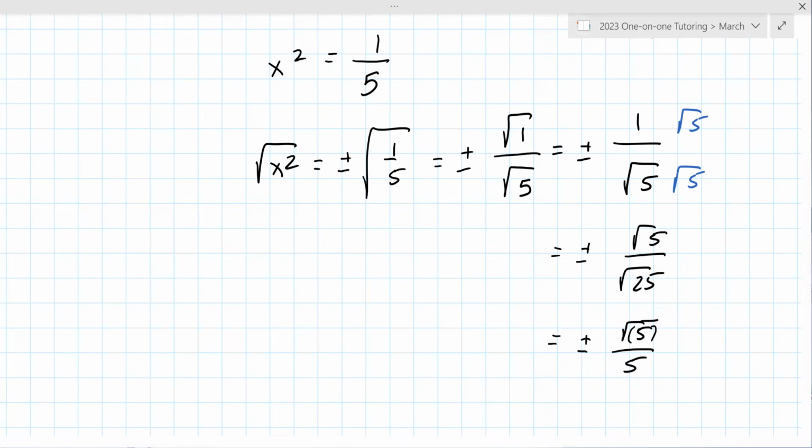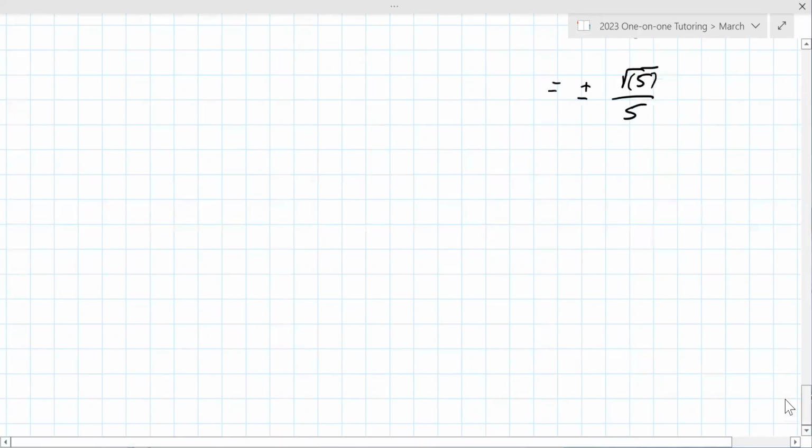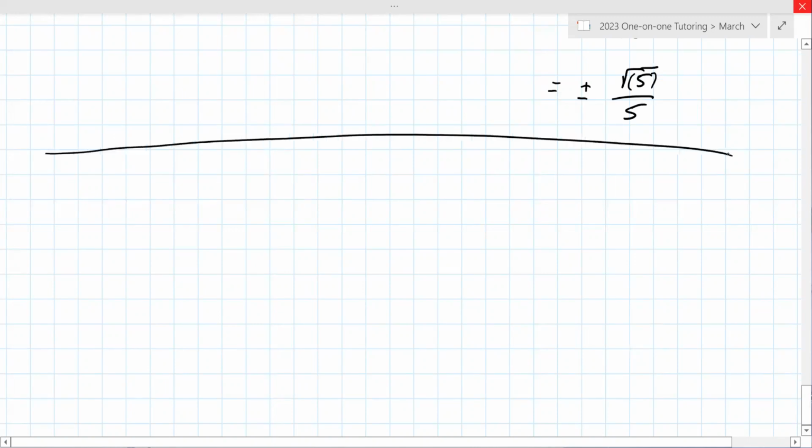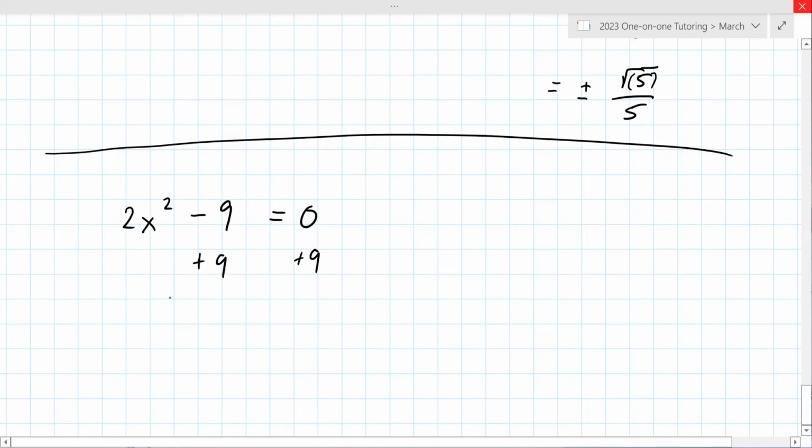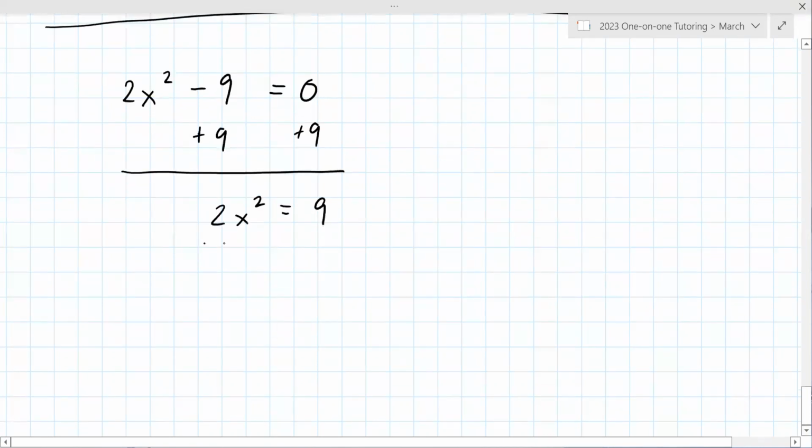Okay, let me give you one like this to do. So we've got 2x squared minus 9 equals 0. What we're going to do here is add 9 to both sides, just like we did in the previous problem. And then we're going to divide by 2.